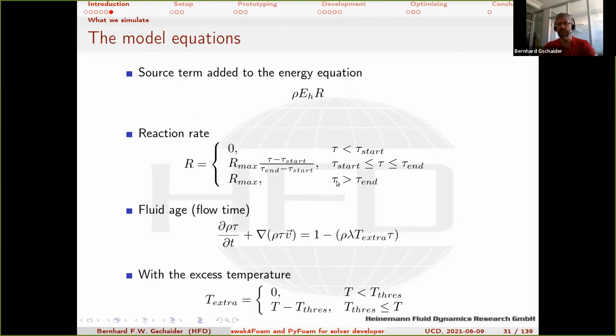Above a certain fluid age, it reaches the maximum temperature, and between these two ages there's a linear interpolation of the reaction rate. The fluid age is calculated like this.